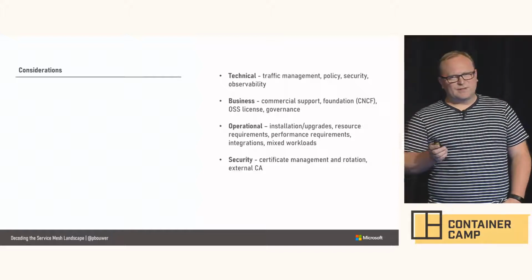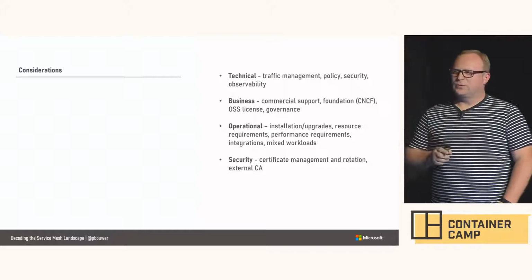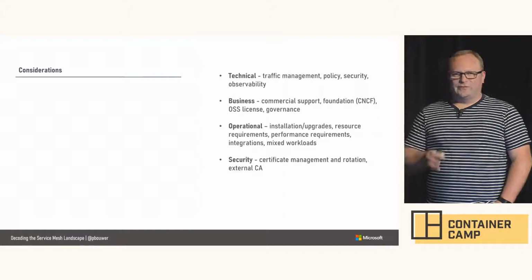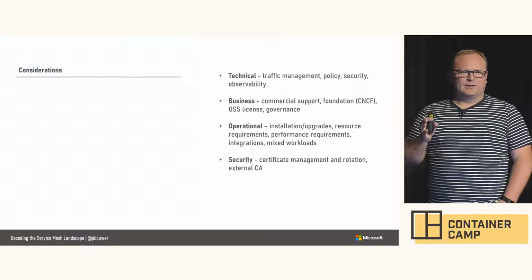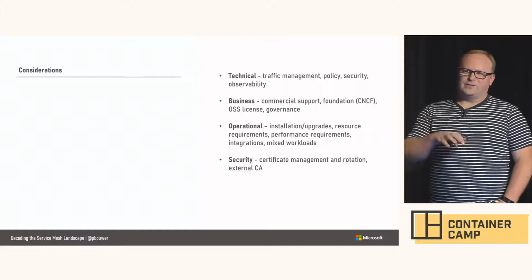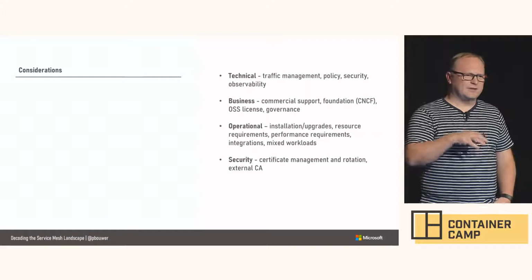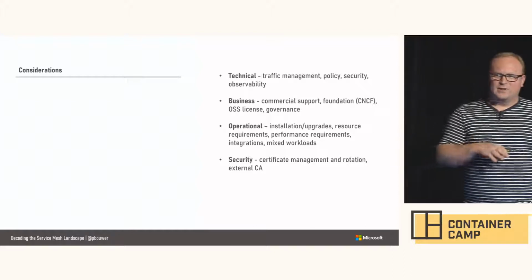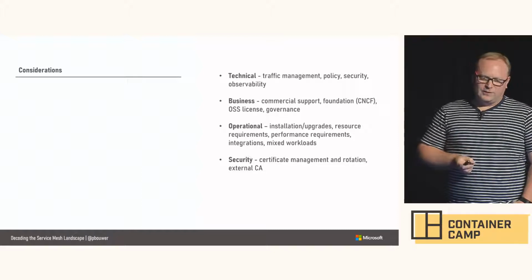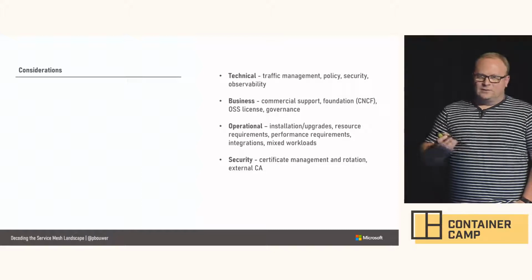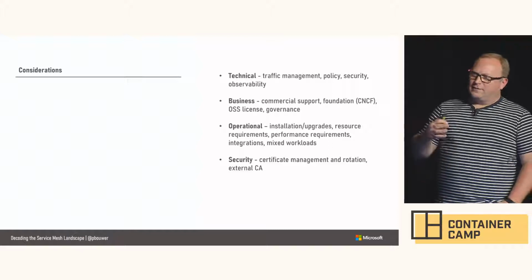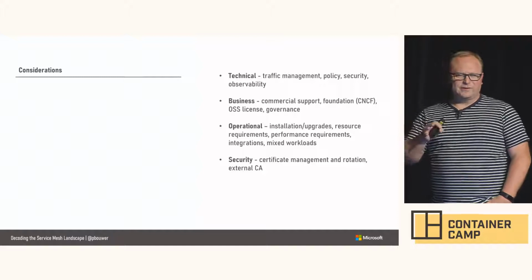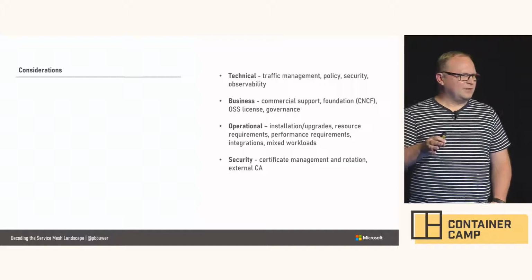To some businesses, commercial support is important. In this cloud-native world, everything is open source, and that's fine, but for something as important as a mesh, some businesses may actually want some sort of commercial backing behind it, or someone they can actually get on the phone, because some of these setups can get quite complex. Some people may not think commercial support is too much of an issue, but they may want to look at the governance, or whether it's backed by a foundation.